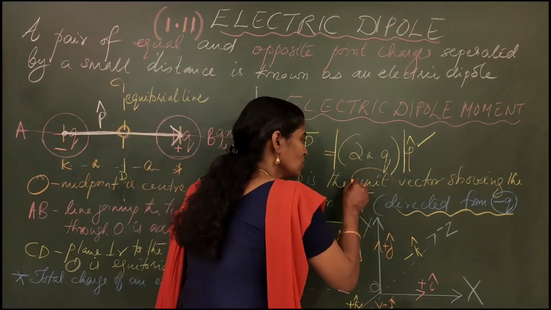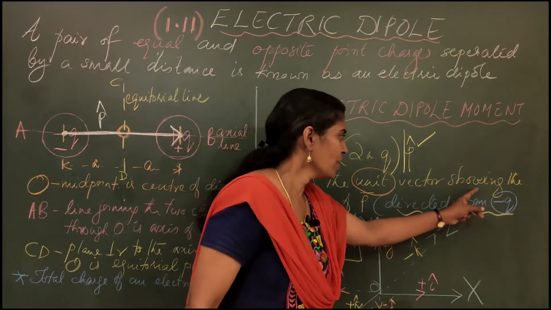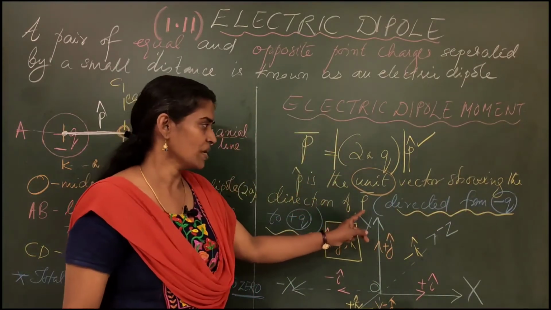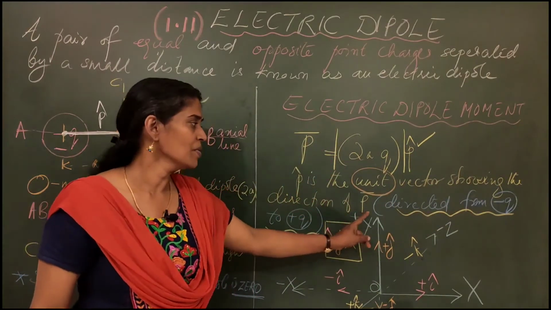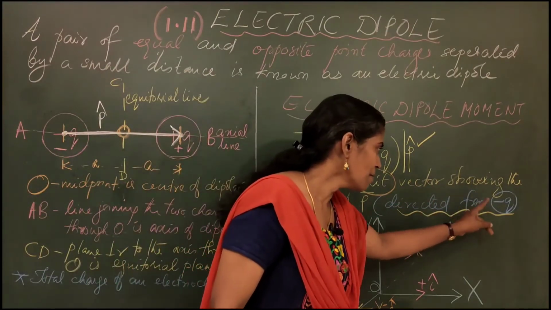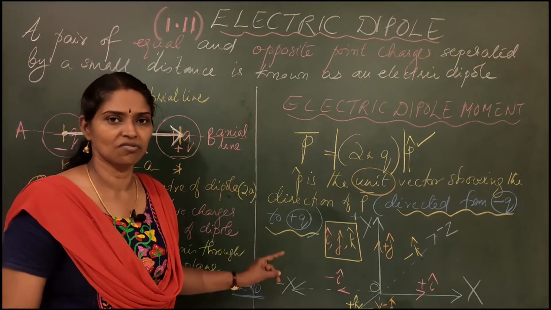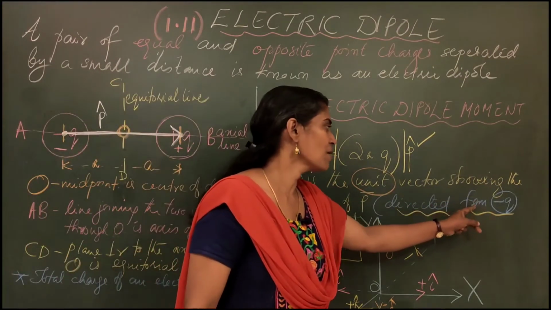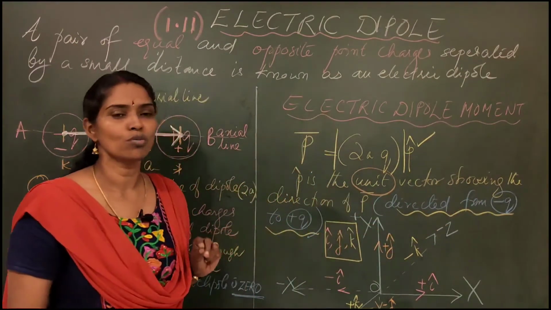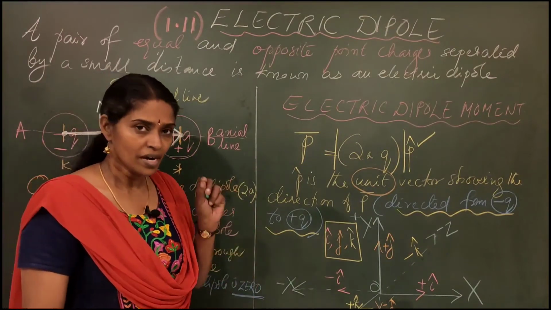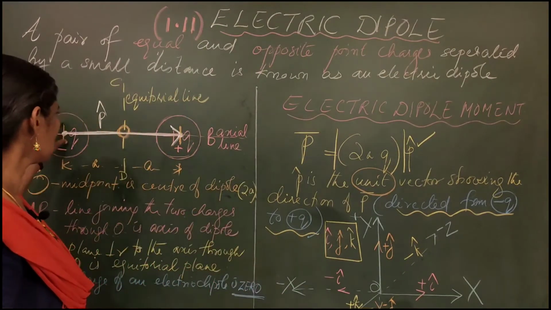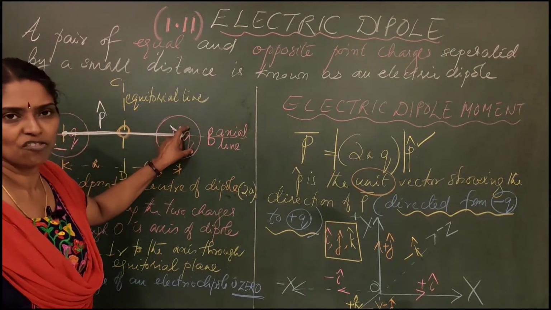This is the unit vector showing the direction, and it is directed from minus q to plus q. Very important wordings. Directed from minus q to plus q. So in this figure, this is the position of minus q, this is the position of plus q.